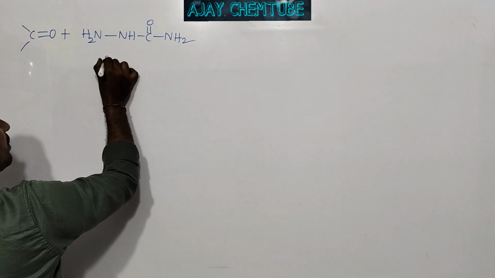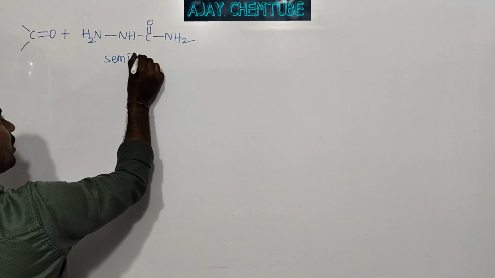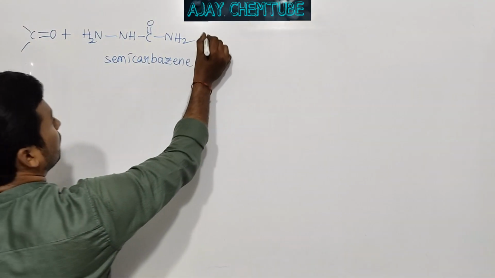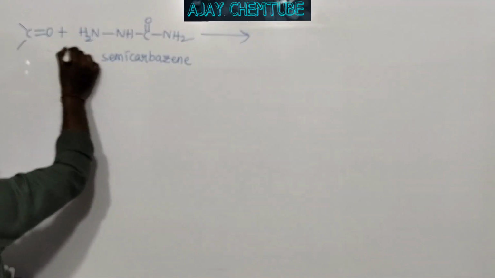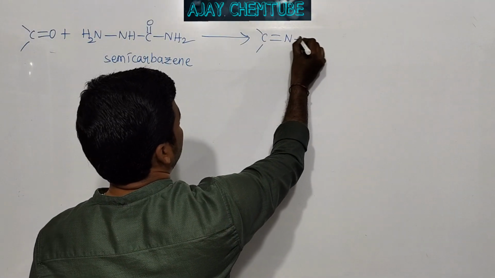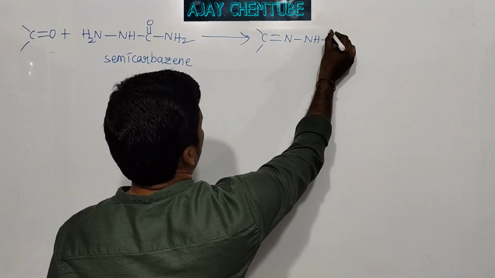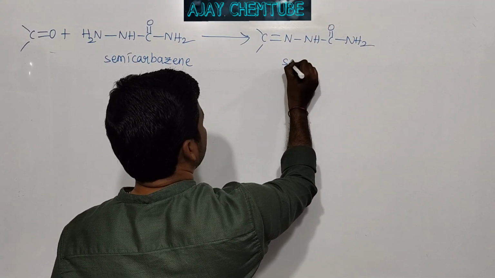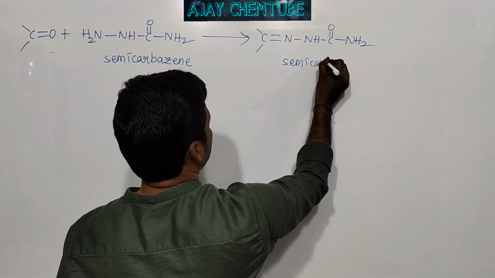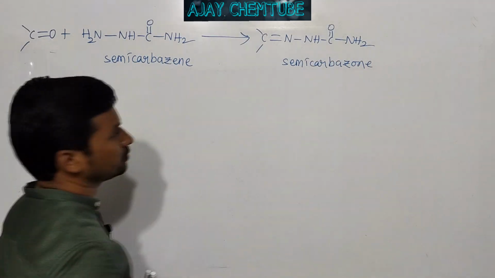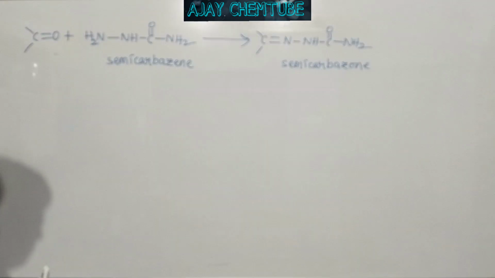Its name is semicarbazide. So simple, remove H2O, then write semicarbazone. Semicarbazides give semicarbazones. That's it. So these are the reactions.